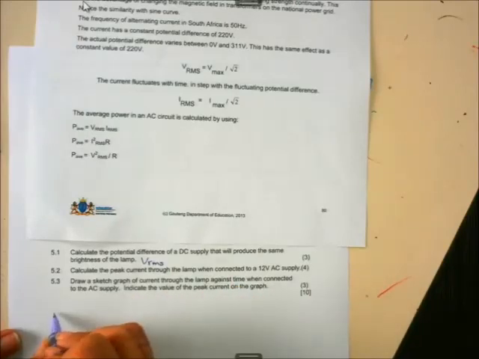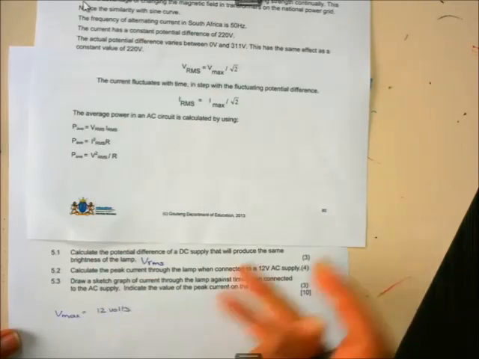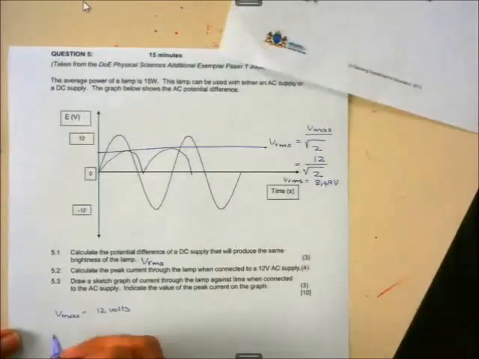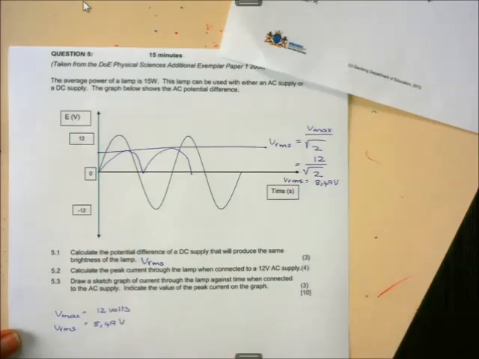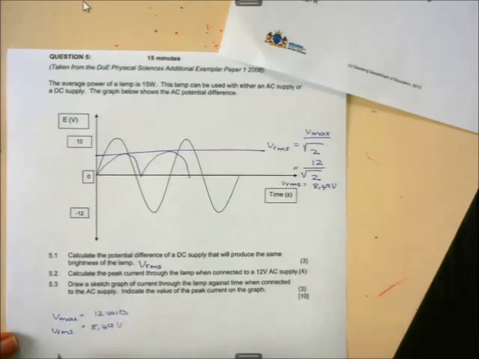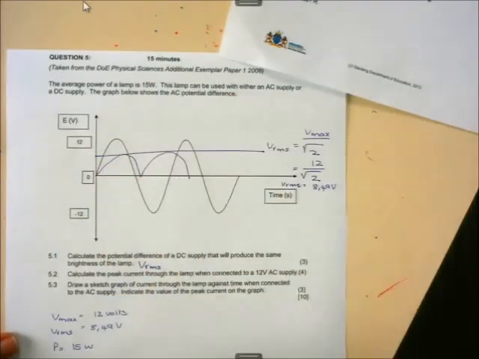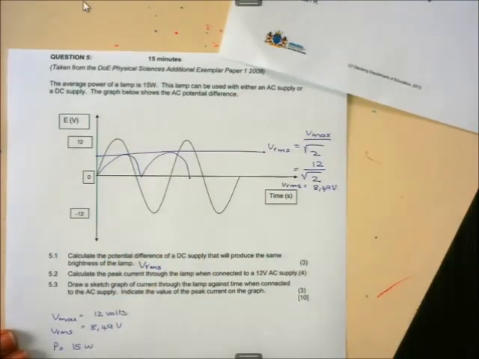We know that Vmax is equal to 12 volts. We've just calculated that VRMS is equal to 8,49 volts, and we also know that the power is equal to 15 watts. And they want us to calculate Imax.